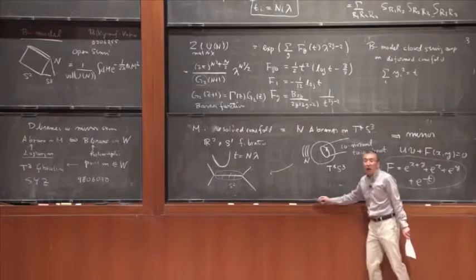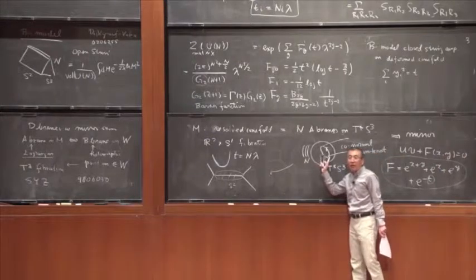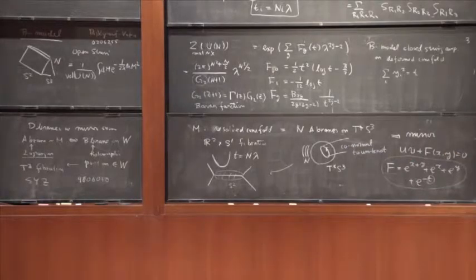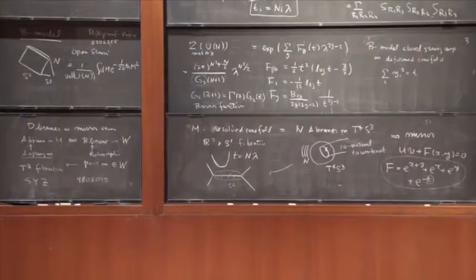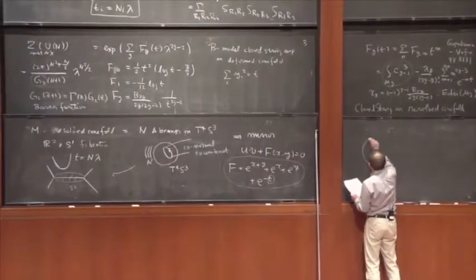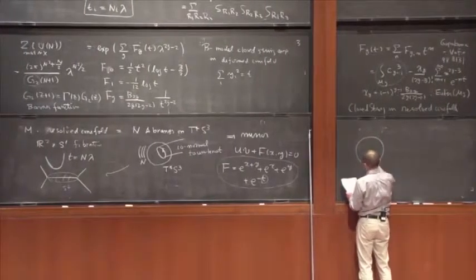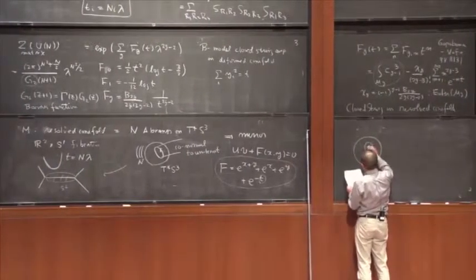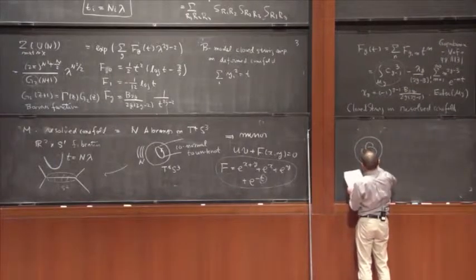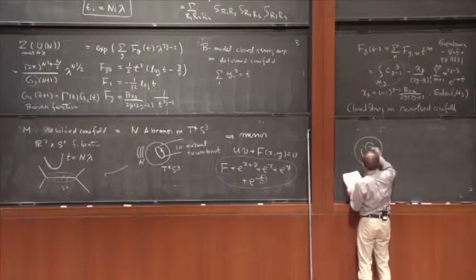But you can ask, why did I choose the unknot to describe this special Lagrangian fibration? You could have chosen another co-normal bundle. You could have, for example, on S3, you could have, for example, the trefoil. Like this.